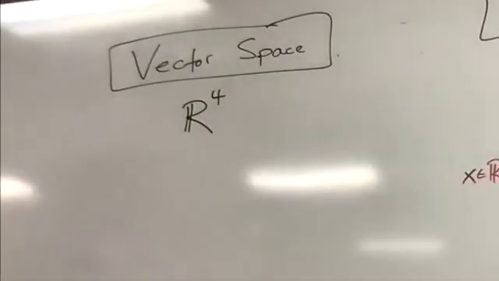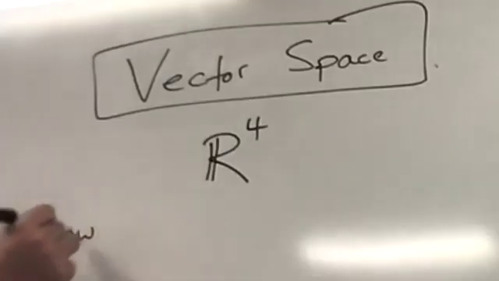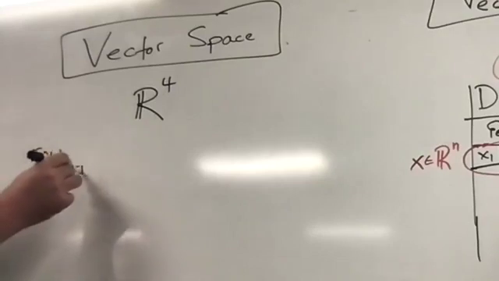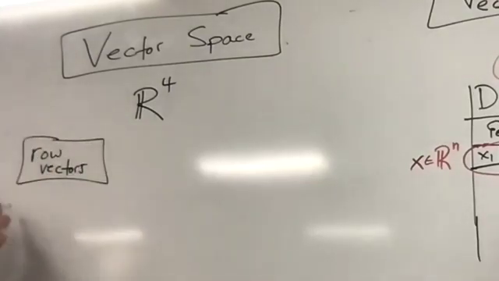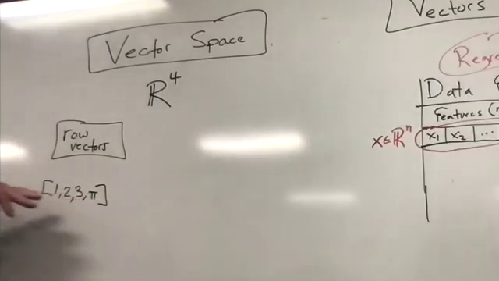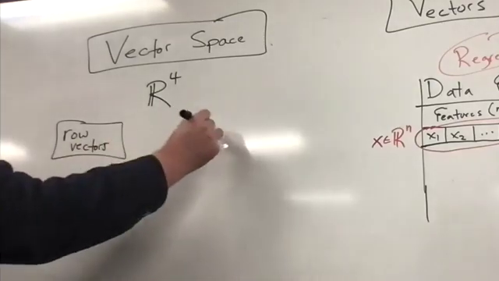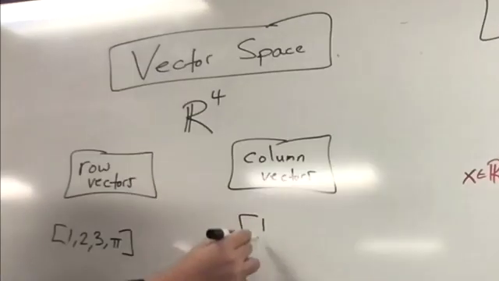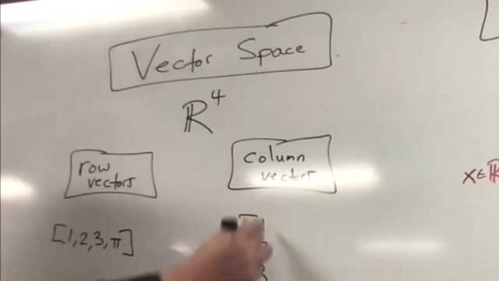For instance, if we looked at R^4, there are actually two different ways we could represent that. There are row vectors, for instance, we could have (1, 2, 3, pi) on its side like this. Or we could look at the column vectors, which would be 1, 2, 3, pi stacked vertically.